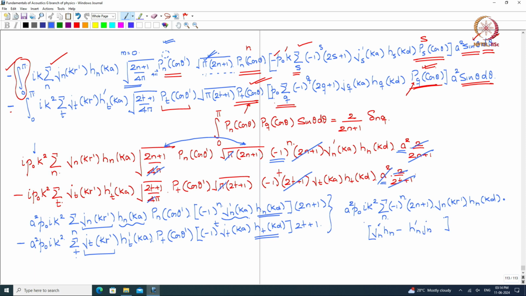We have seen this term before repeatedly, into Pn of cos theta.